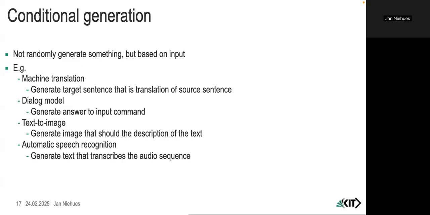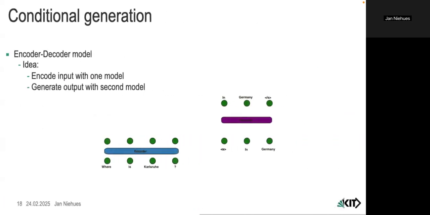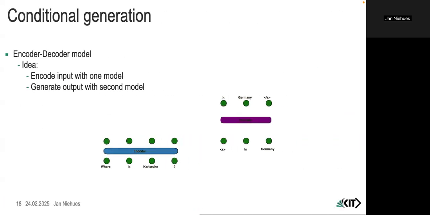So how does this type of model work? We will see there are currently mainly two big types of models for doing that. The first is based on what we learned before, the encoder-decoder model. The idea is that we combine both. On the one hand, we have the encoder. Now imagine the task of question answering.